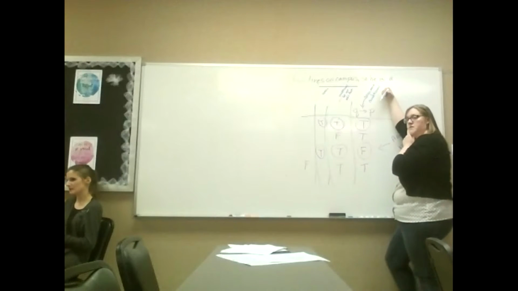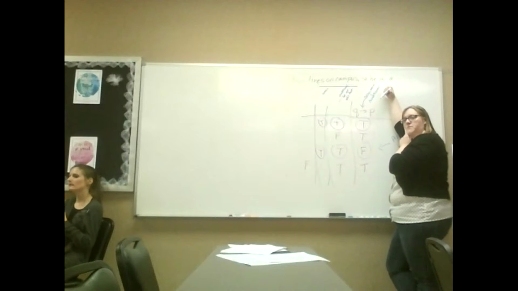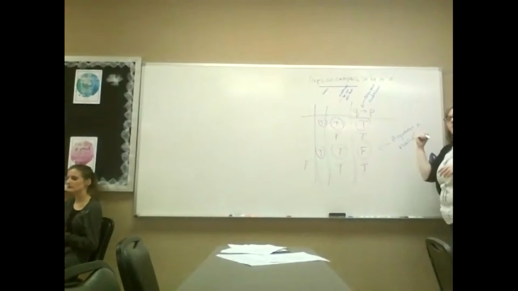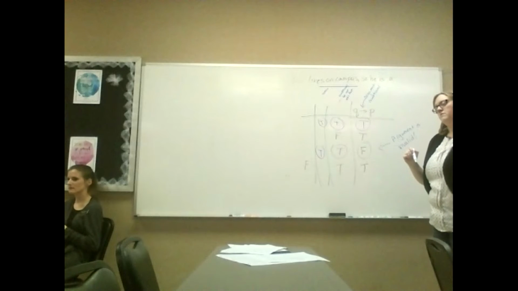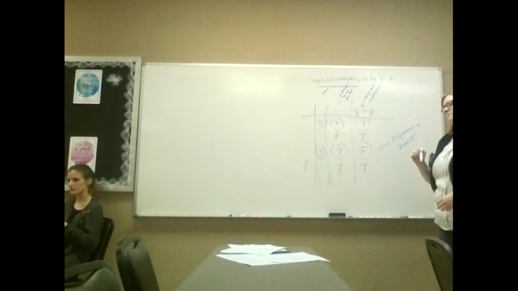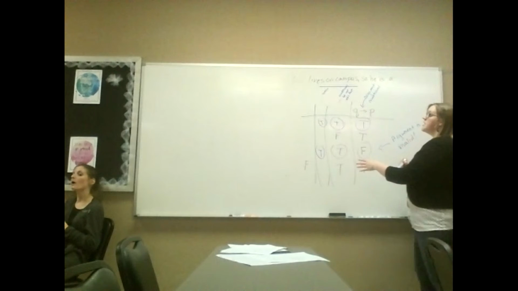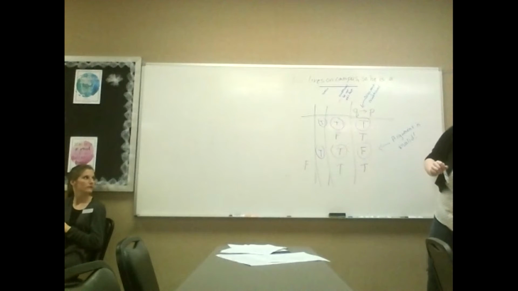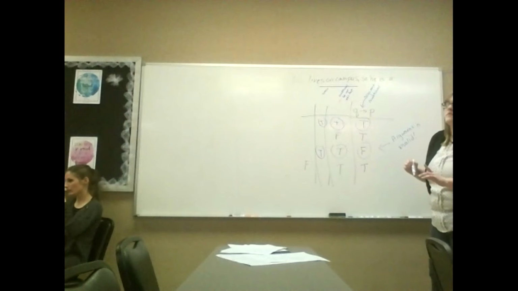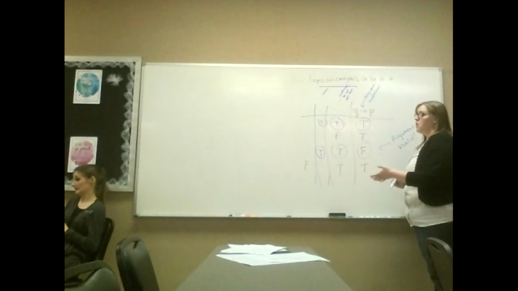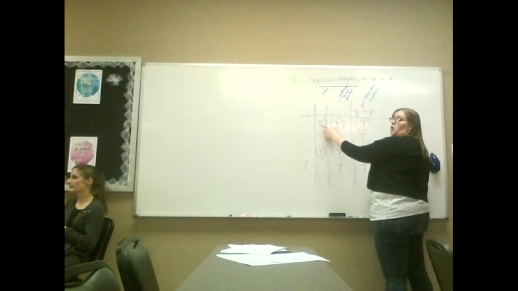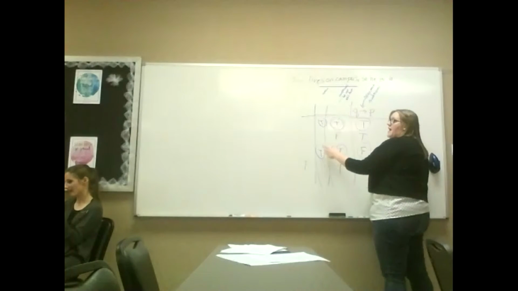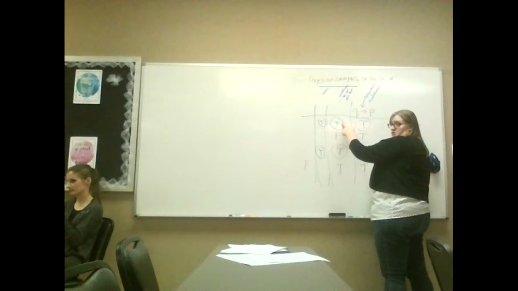Well, I get that part, but why just the 2 rows? Okay, because in step 9, we only wanted to focus on the rows where Q and P implies Q were both true. So it's only in rows 1 and 3 that Q and P implies Q were true.